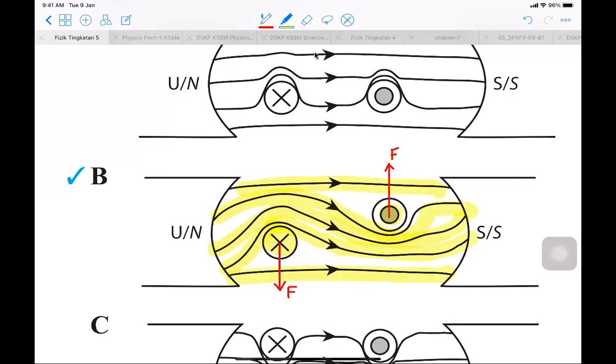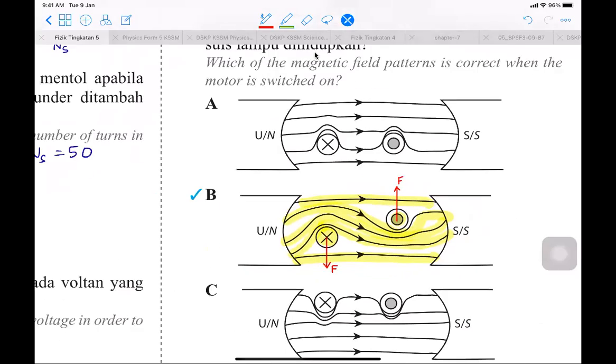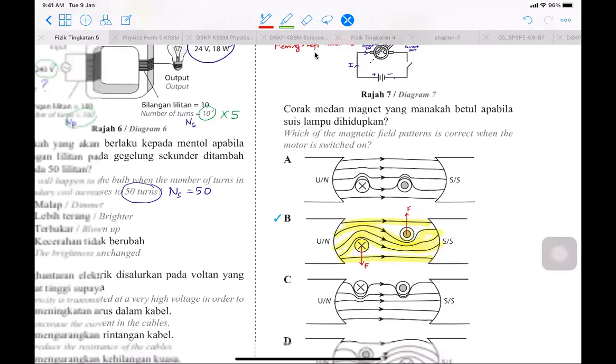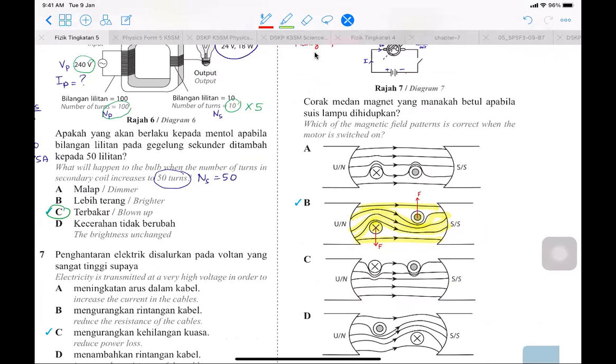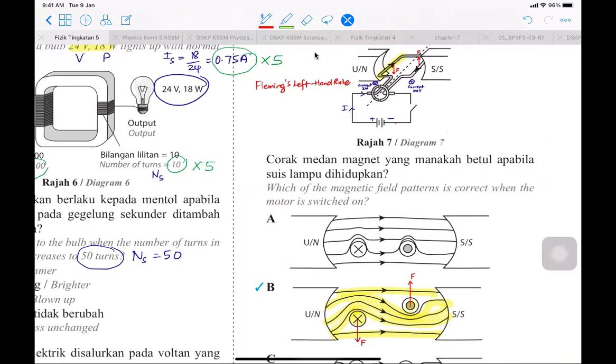So this should be the correct diagram to represent the DC motor in diagram 7. The other diagrams are wrong. So there are only two possibilities of answer, either B or D. So make sure you know how to apply your Fleming's left hand rule for this type of question. Okay, is it clear for this one?